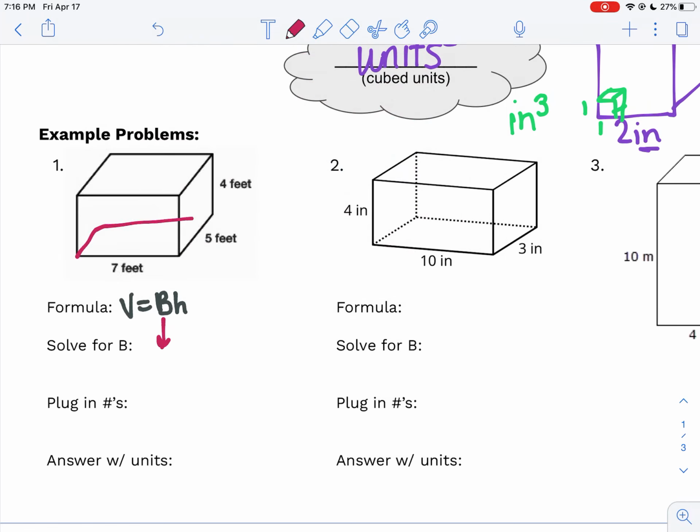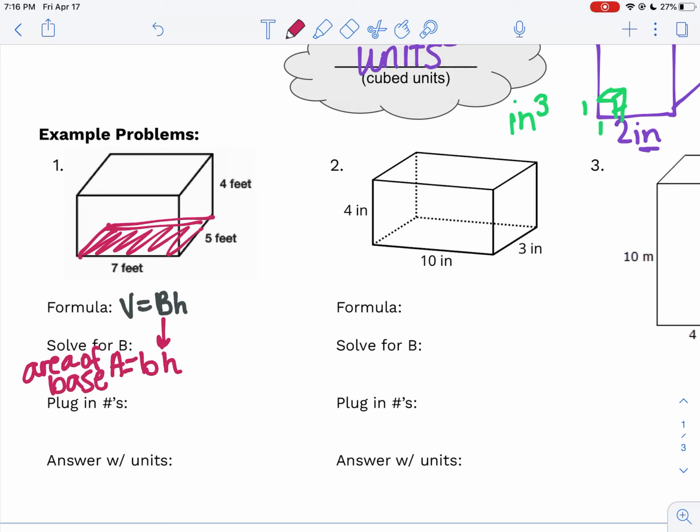So we need to go and find the base shape on our rectangular prism. Remember, when we're dealing with rectangular prisms, our base is going to be a rectangle. Okay, so solving for B, so B means area of base, and we have a rectangle, so we're going to do little b times h to solve for that area.